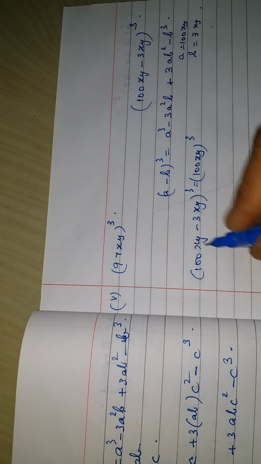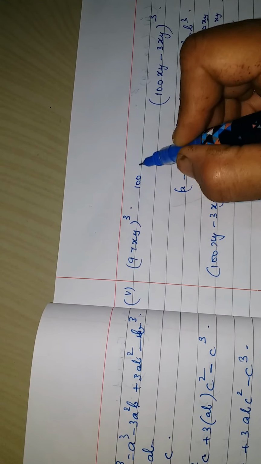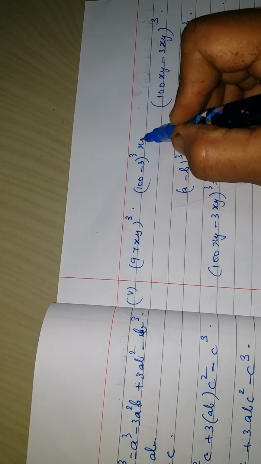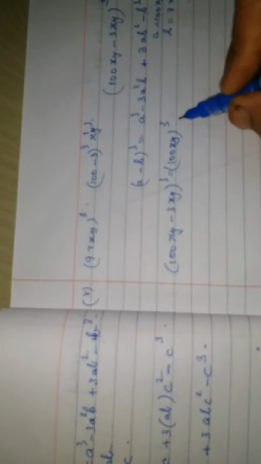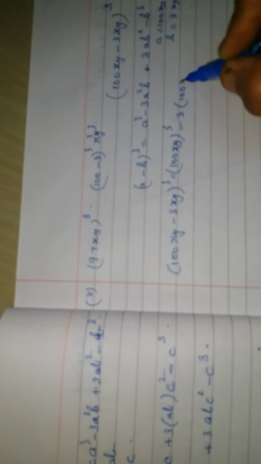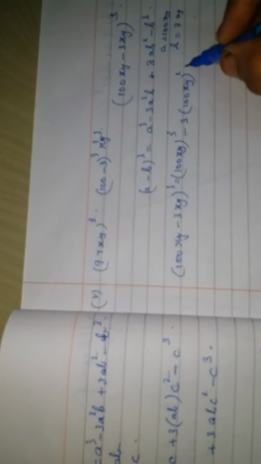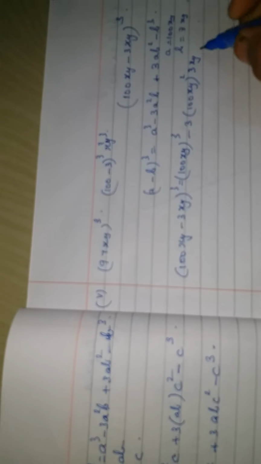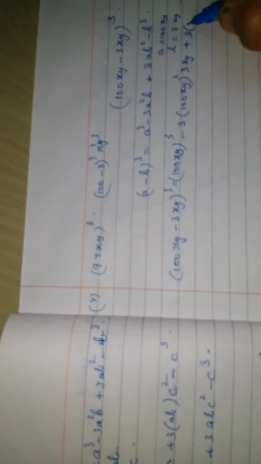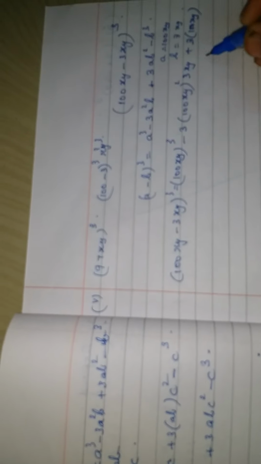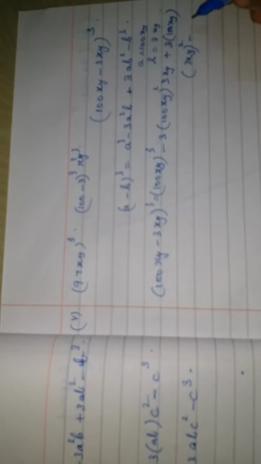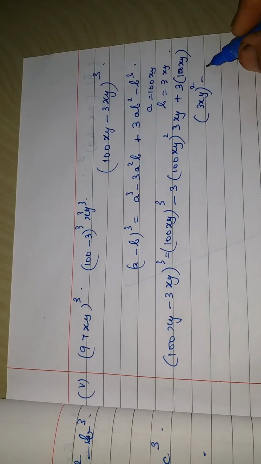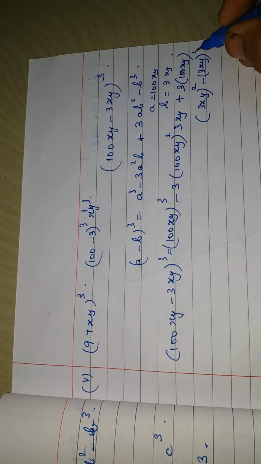So instead you can do like this, 100 minus 3 the whole cube into x cube y cube we can write. So that okay, leave it, continue. Minus 3 into 100xy the whole square, your b is 3xy, plus 3 into 100xy into your b square is what? 3xy the whole square, minus b cube is 3xy the whole cube.